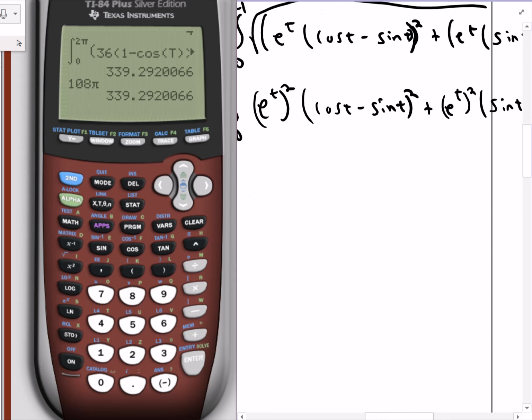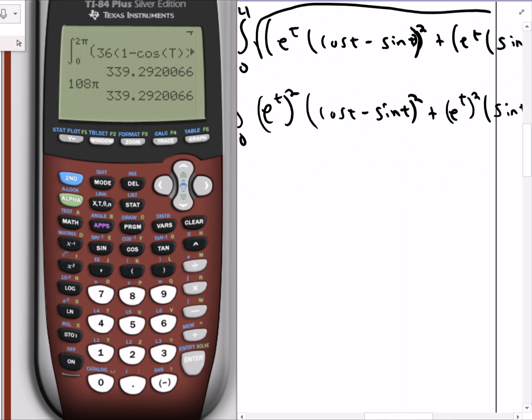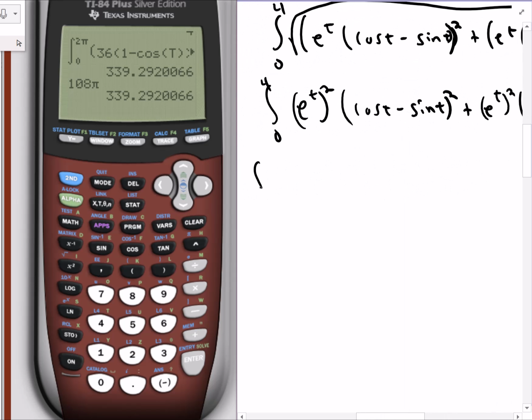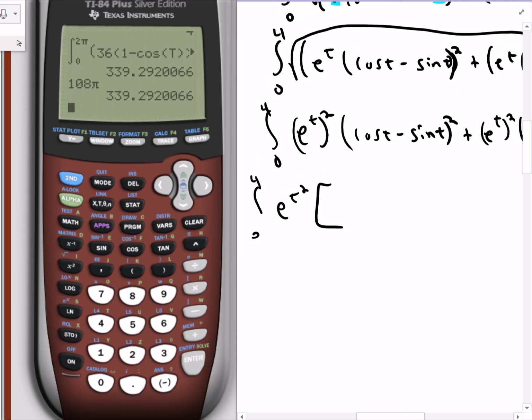And so, again, we can factor out the e to the t squared since they both have it. There's going to be e to the t squared times this whole thing, which, if you multiply this out, you're going to get cosine squared t, right? So I'm going to multiply this out.